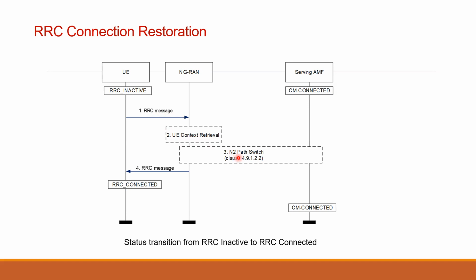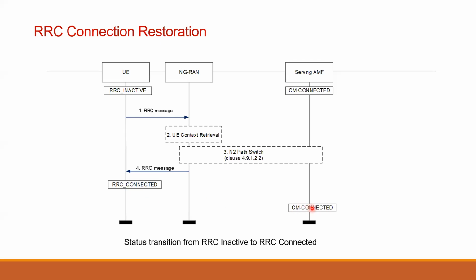It sends an N2 path switch message, and once the path is restored, and the path information provided by the UE is sent by the RAN to the serving AMF, it sends back a response of the RRC message. Then the UE becomes RRC connected.